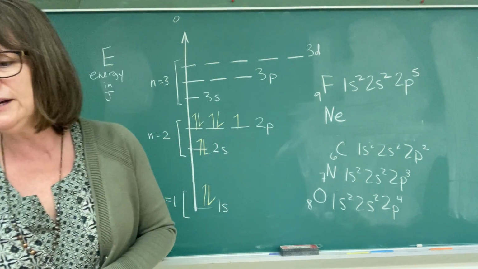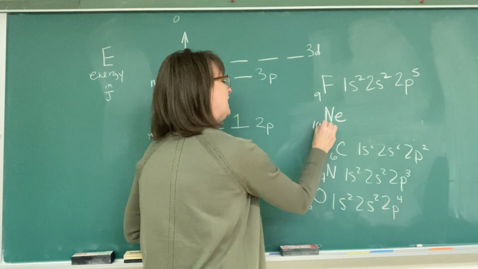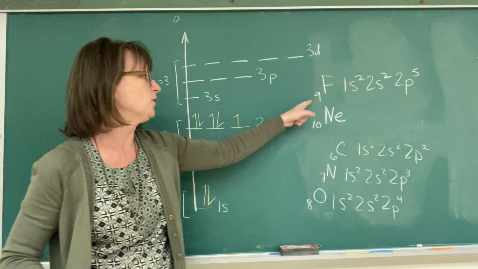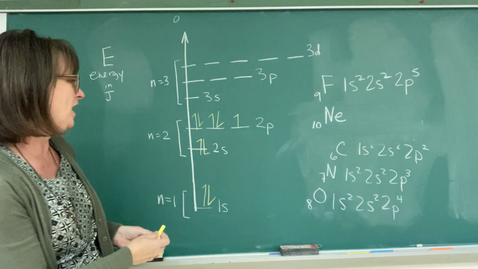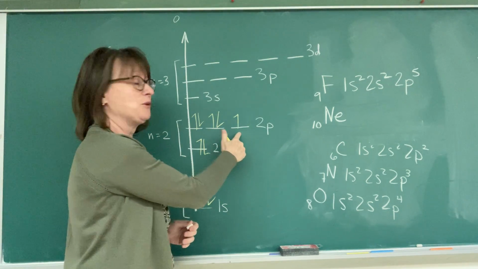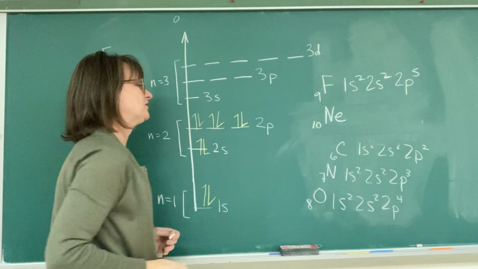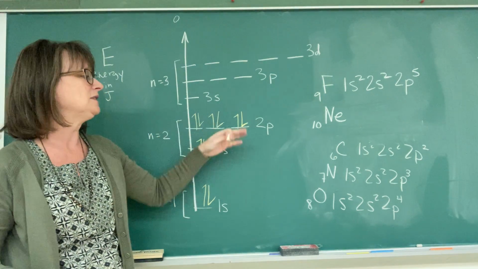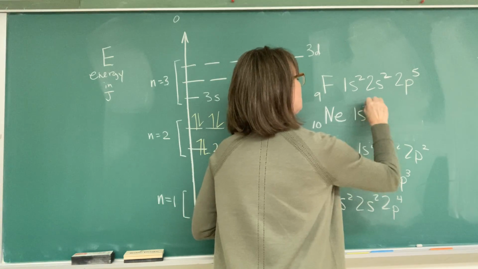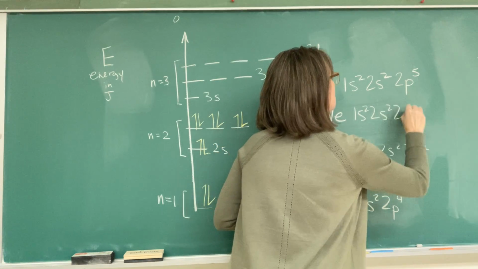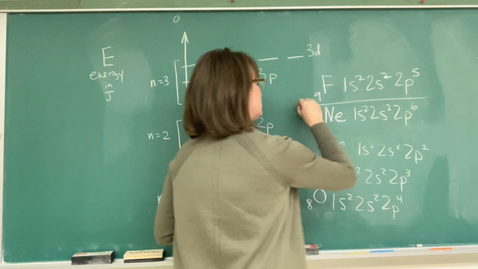All right, neon. Neon is after fluorine. Yeah, neon is number 10. One more electron. Okay, so neon has one more electron. It looks like there's a spot right there waiting for neon's 10th electron, and that fills the set of p orbitals. So let's write that. Electron configuration, 1s2, 2s2, 2p6.